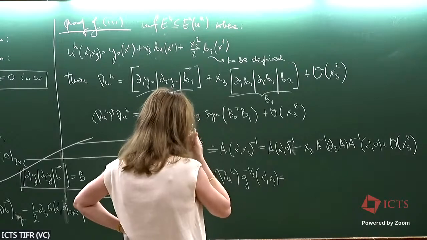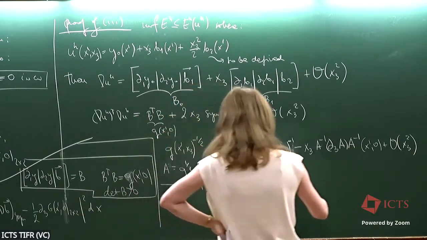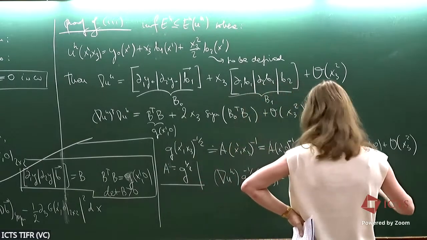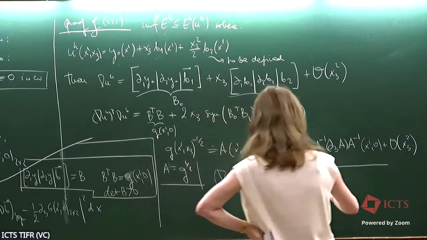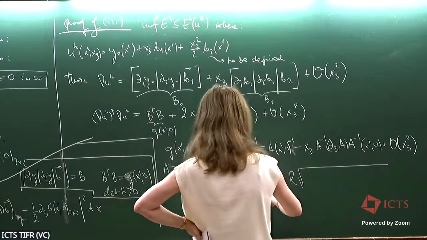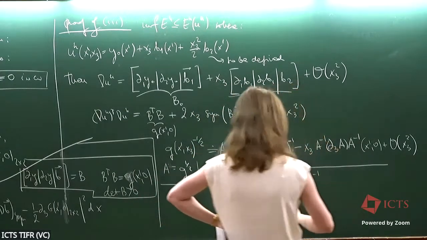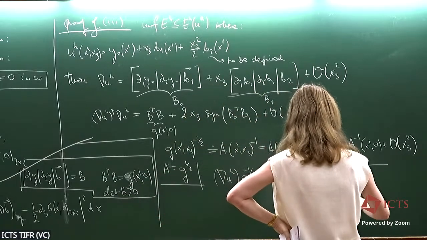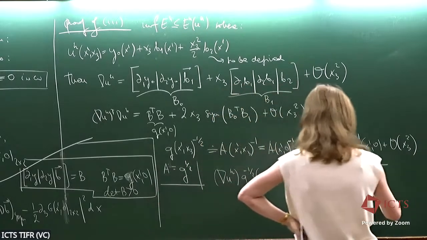I'm going to use the polar decomposition theorem, and this will be R times the square root of this matrix transposed with itself. So G inverse to the 1/2, that's my notation, just A inverse, times gradient u_h transpose gradient u_h times A inverse.